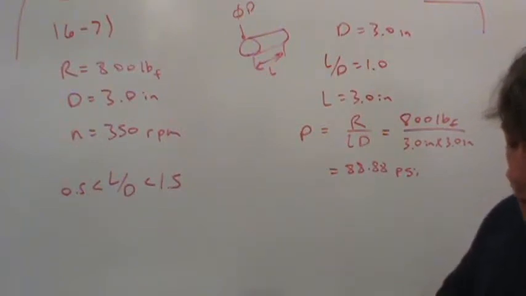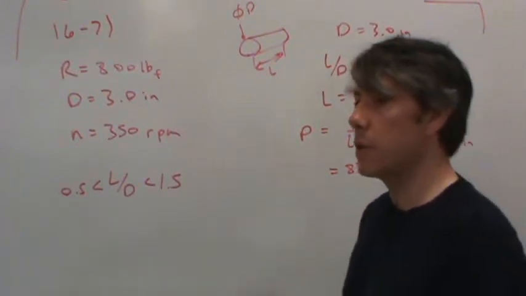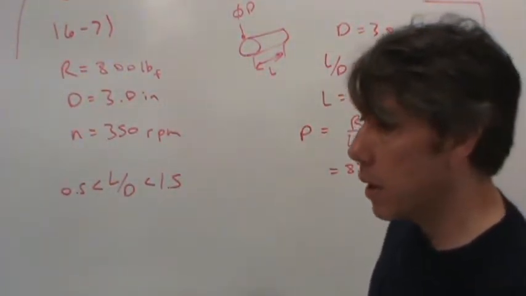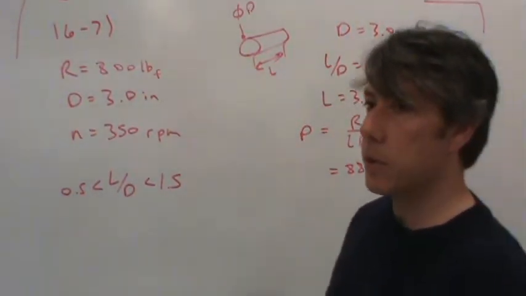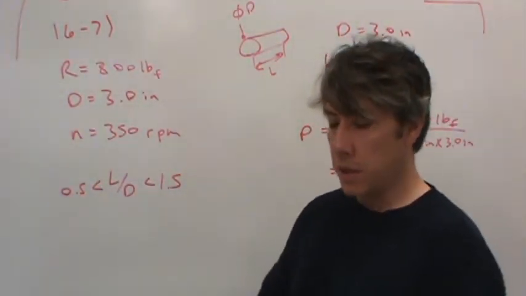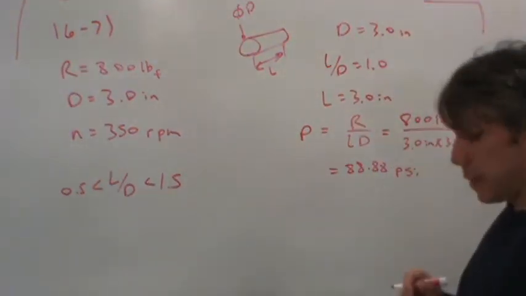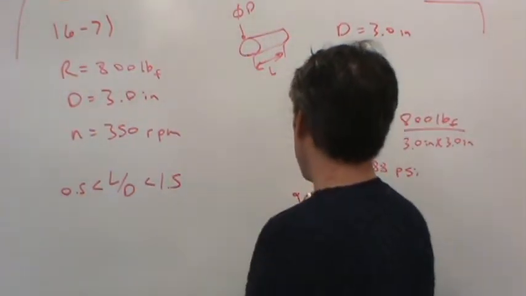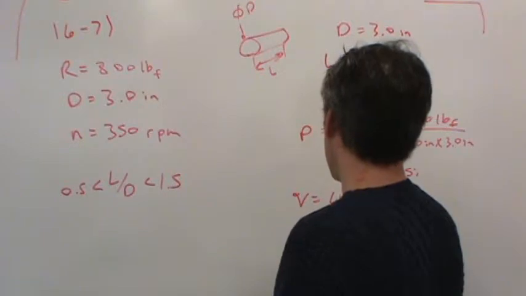So let's see. Compute the linear speed of the journal. Now, your author has several different equations here that are convenient, and so it's worth putting a tab in this design procedure. But this procedure, of course, is only good for boundary lubrication. This is not for full film lubrication. That's a little more in-depth. But all of these equations are based around the idea that the velocity would be omega cross r.